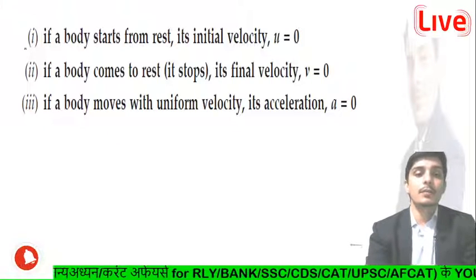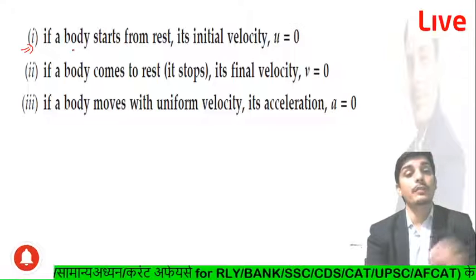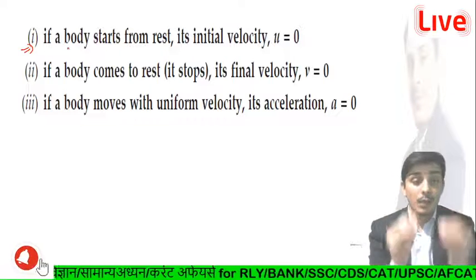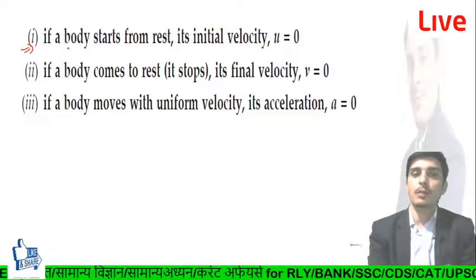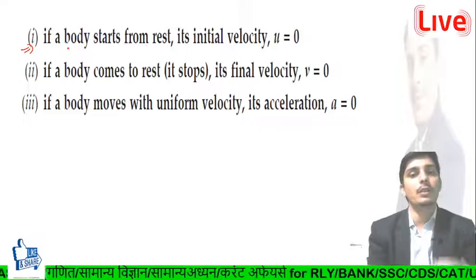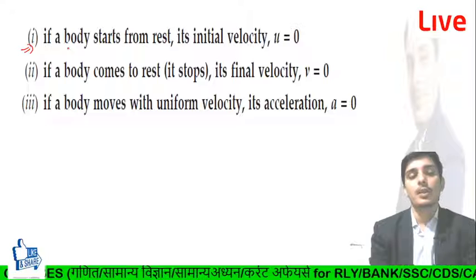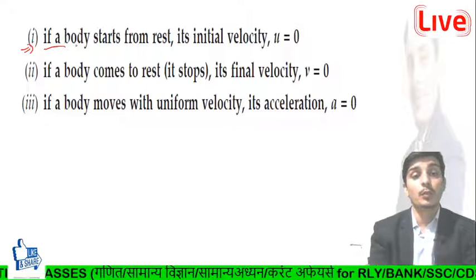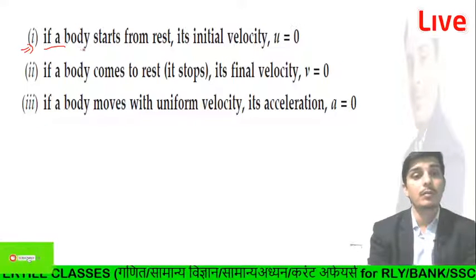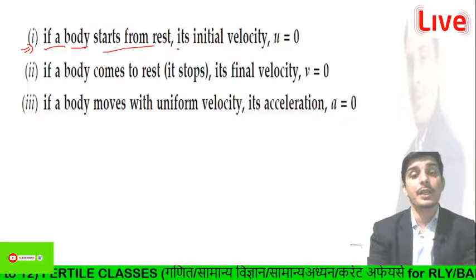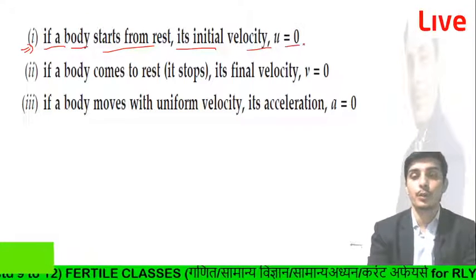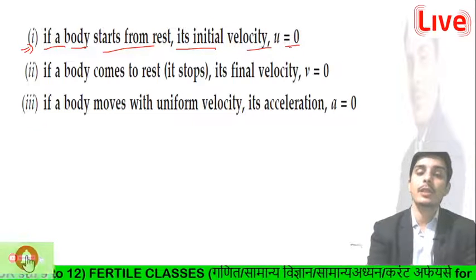Now I am going to discuss these three terms you must keep in mind before solving the numericals of this chapter. If a body starts from rest, its initial velocity u is equal to 0. It means the initial velocity is nothing.